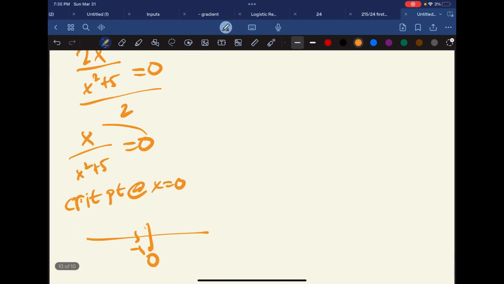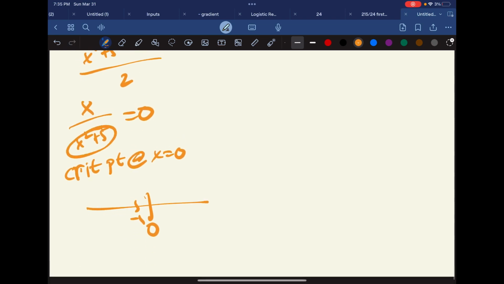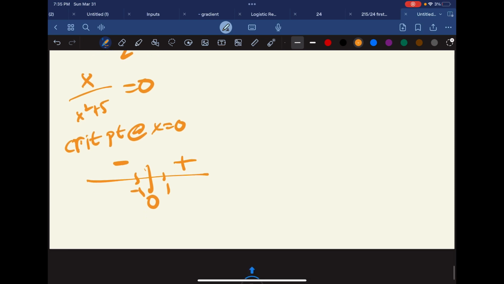We get a negative numerator, and the denominator is always going to be positive, because you square anything negative and it becomes positive. So the denominator is always positive and the numerator is negative, so we have a negative there. Then if we plug in +1, the numerator is positive and the denominator is also positive. So we're going from negative to positive there.